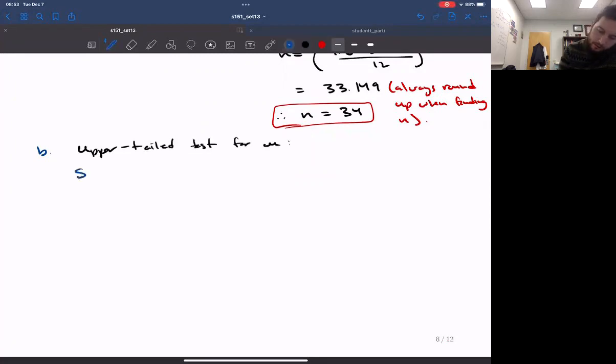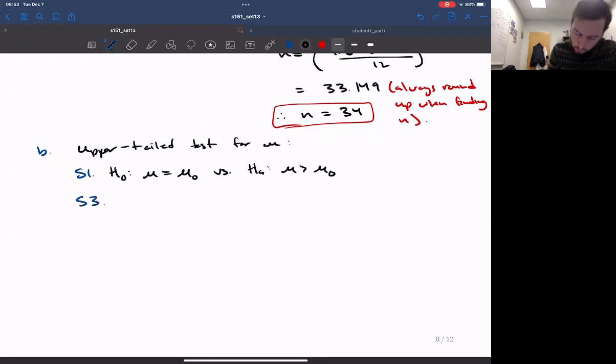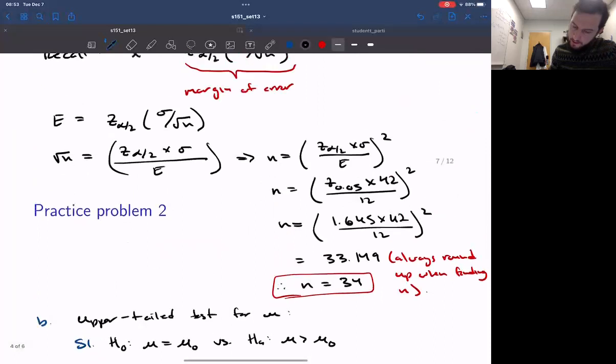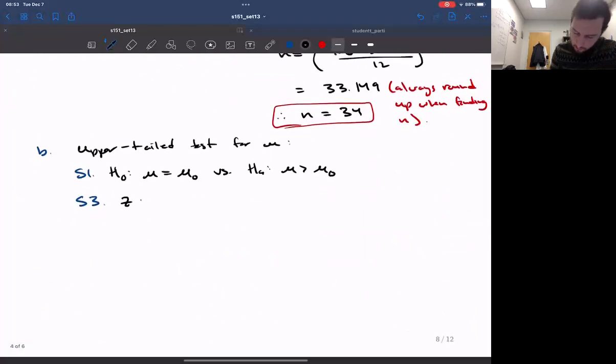If we were to write out the general form of our hypotheses, we would have mu equal to some value versus the alternative that mu is greater than some value. We are told that the test statistic is z equals 2.37, and we are asked to find the p-value for this test.